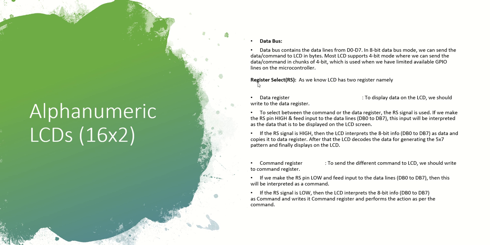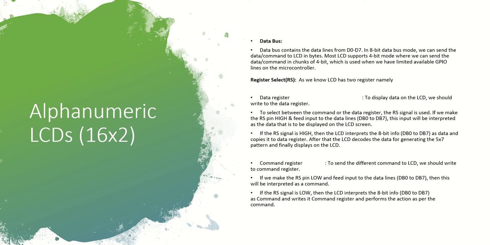Now we will talk about the RS, which is the register select. What exactly do we mean by register select? As I told you, we have two registers: one is the data register and one is the command register. I need to select the data register sometimes, and sometimes the command register.